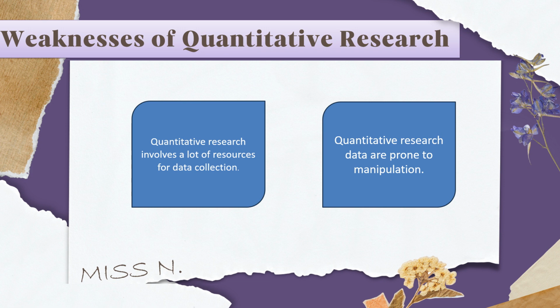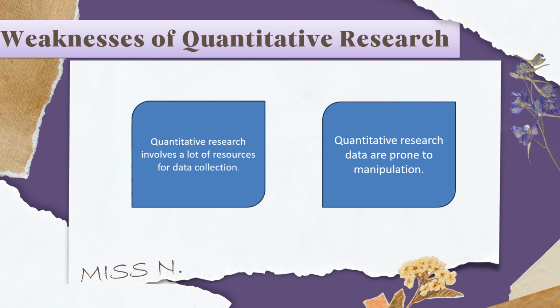Another thing is quantitative research data are prone to manipulation. There are instances that quantitative research findings don't conform to the tentative solution of the problem already constructed before the research is conducted. There are cases that the researcher questions the gathered data since they don't agree with the actual result or situation.